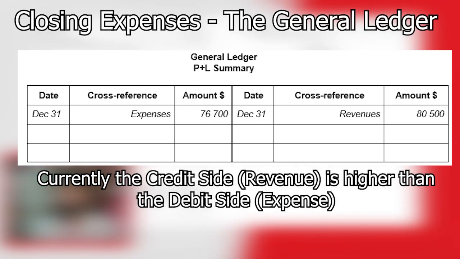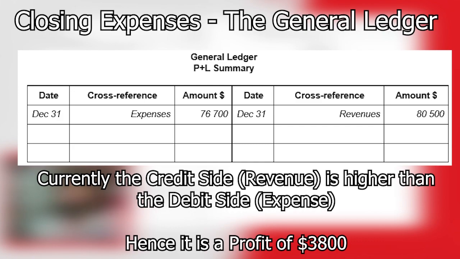That means we've made a profit, but P&L summary is just a holding account, so we need to close that as well. So how does that look? Well, if we deduct our revenues from expenses, we see that revenues are 3,800 higher than our expenses.